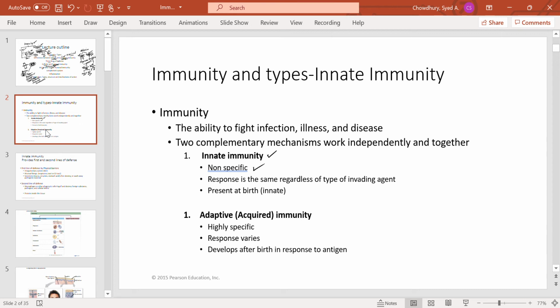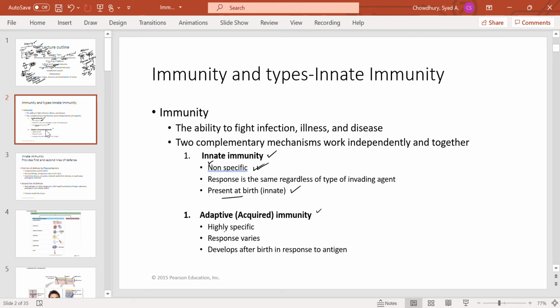So it is non-specific, because you know that skin and the lining of your GI tract and respiratory tract will try to stop everything, right? Your skin doesn't have any specific selectivity. It is like a membrane, so it will try to stop everything. So non-specific. Your skin cannot detect what type of antigen is that. It cannot separate this one bacteria from another. It is just like a barrier that will try to stop everything. So non-specific. And present at birth.